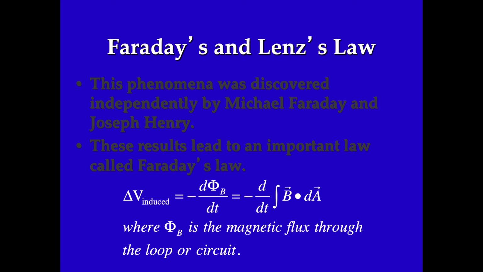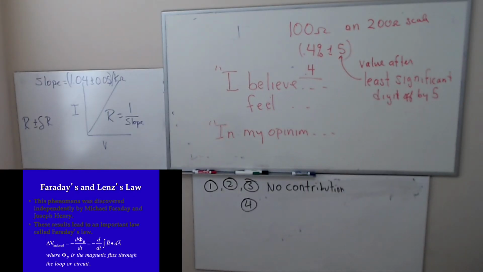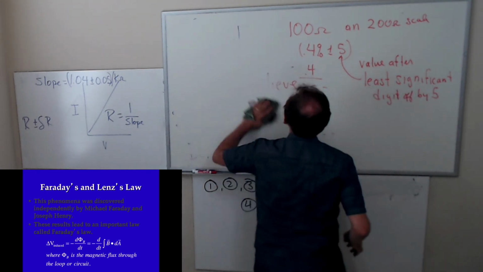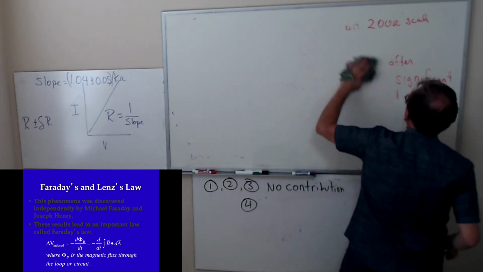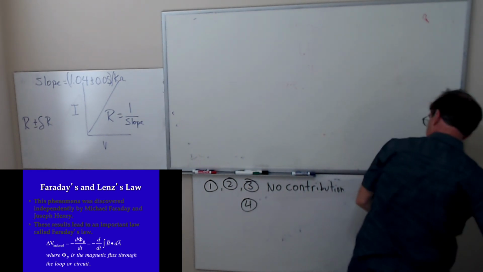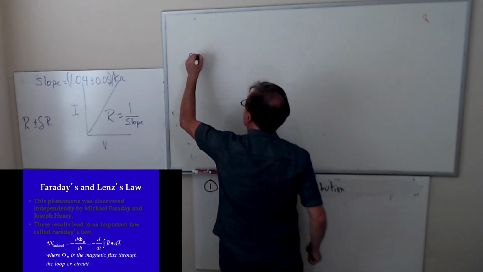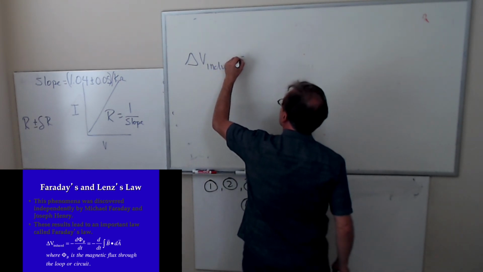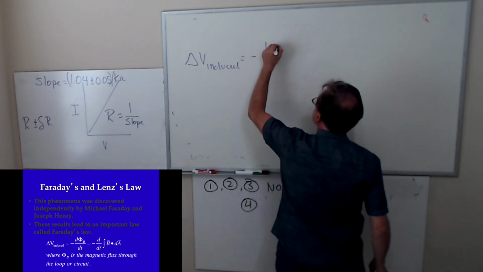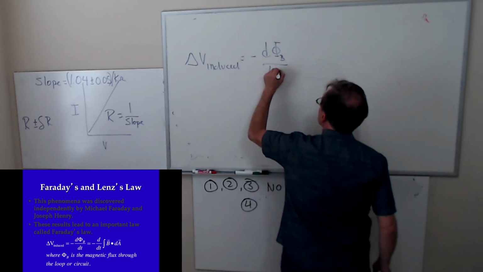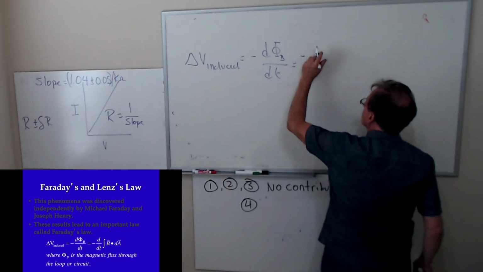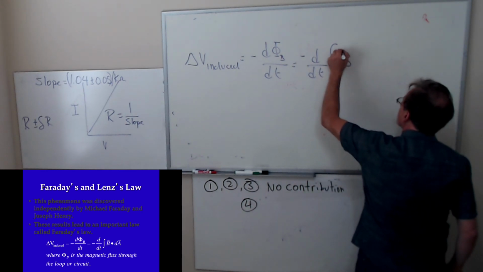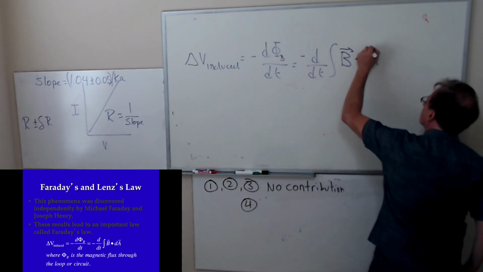And so we write it as the induced EMF, we'll call it delta V. You can say delta V induced is minus d phi sub B over dt, which is equal to minus the time derivative of the magnetic flux, B dot dA.